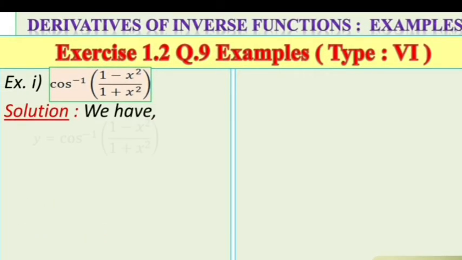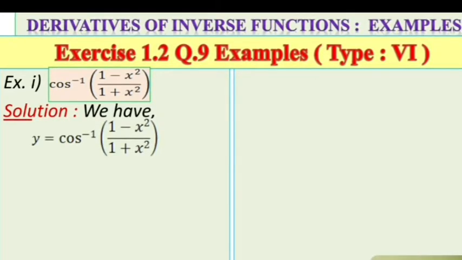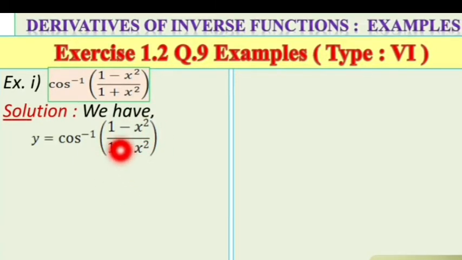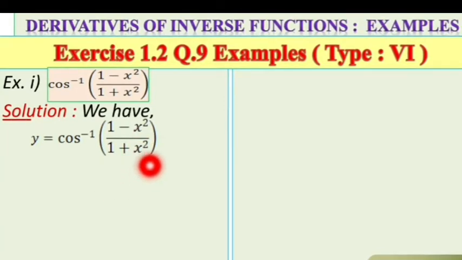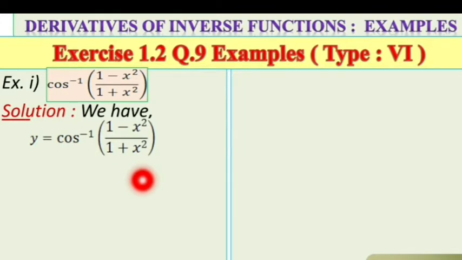Here we first take the given function in the form of y equal to cos inverse of f of x, where f of x is in the form of 1 minus x square upon 1 plus x square. When the function is in the form of 1 minus x square upon 1 plus x square, we use the substitution x equal to tan theta.